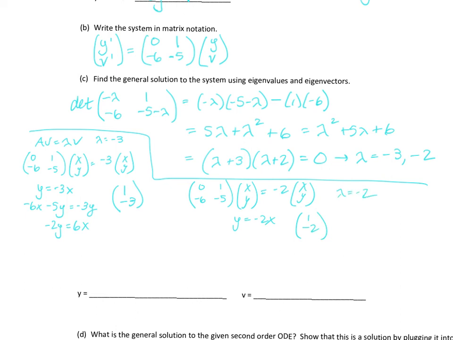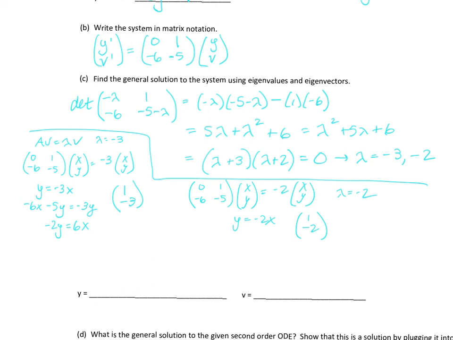Okay, so the general solution to the system is y and v. I need a y and a v. So I think I'm going to write it in vector form since that's how we learned it, and then I'll break it out into the y and the v.